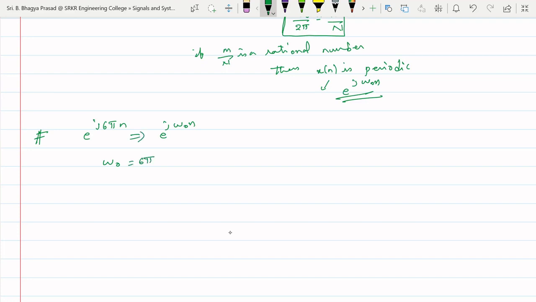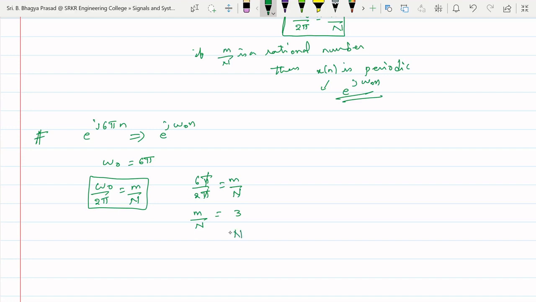Omega naught by 2 pi should be equal to m by n, this is the condition we have to remember. So 6 pi by 2 pi equals m by n, which gives m by n equal to 3.